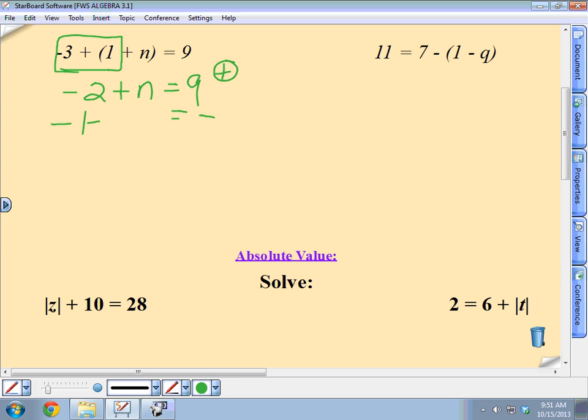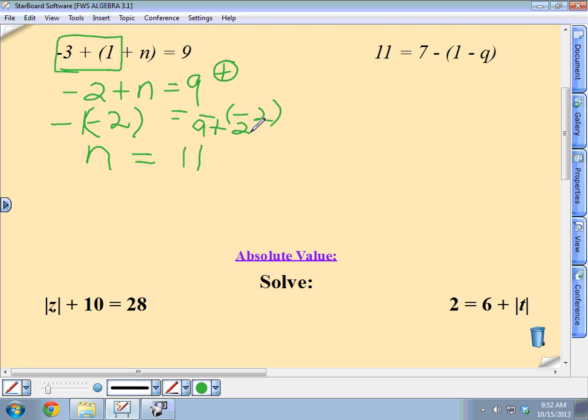Good. What is negative 2 minus negative 2? 0. Good, which leaves me n. And what is 9 minus negative 2? 11. Because it's really just 9 plus 2. When we subtract, we add the opposite.